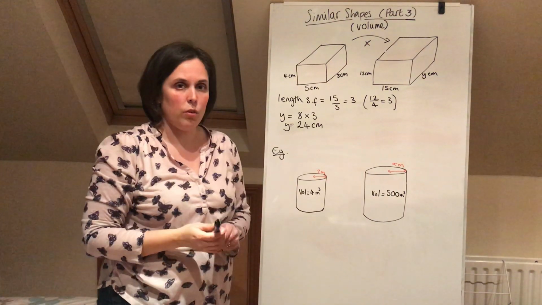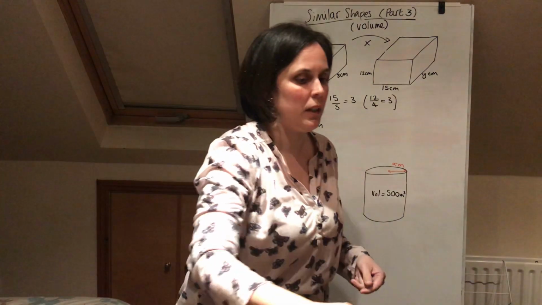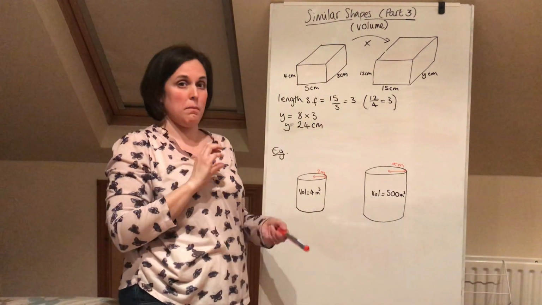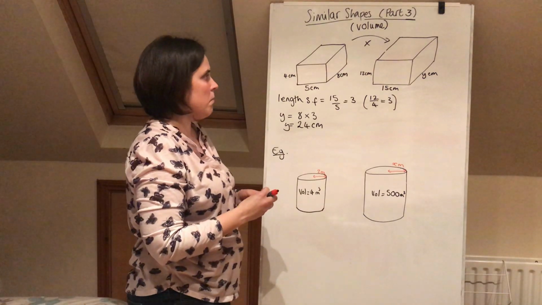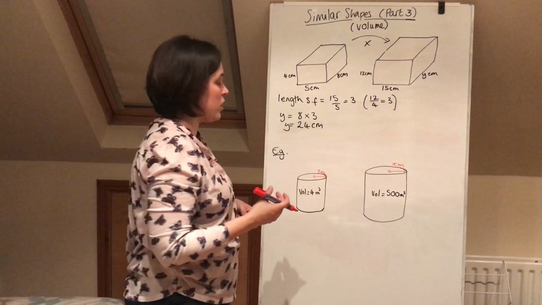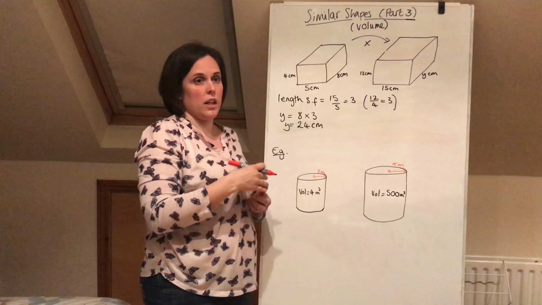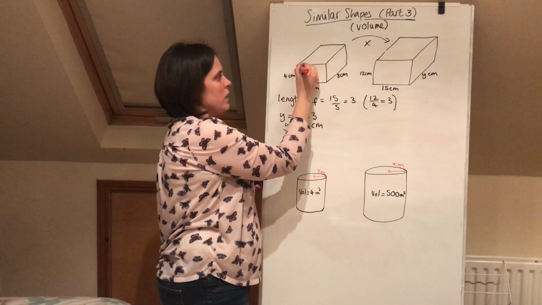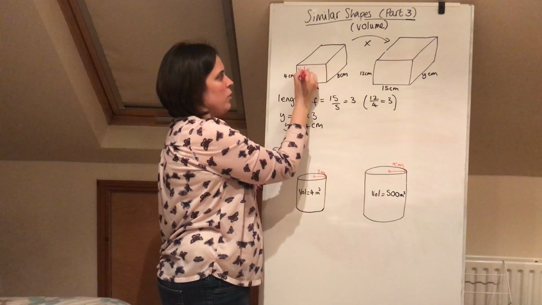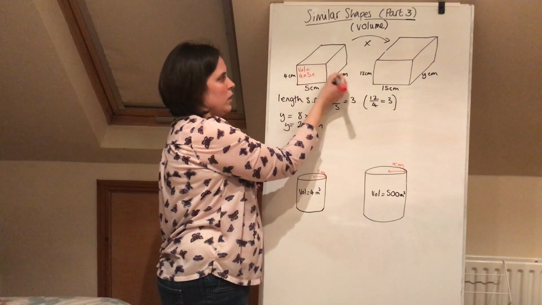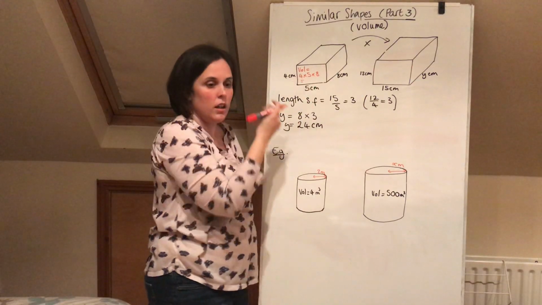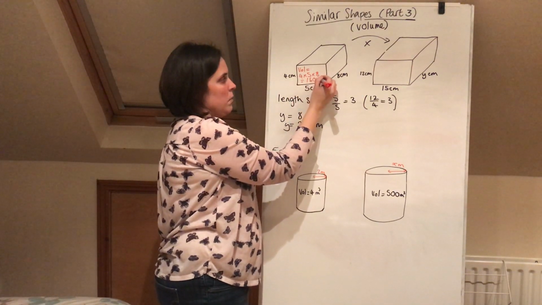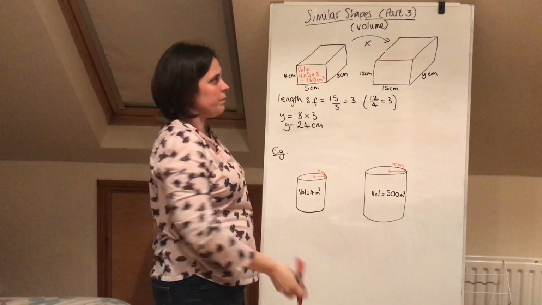Now, if we look at the volumes of the shape, and again I have picked something nice and simple so we can focus on the similarity rather than finding the volume of a complicated shape. With a cuboid, it's just length times width times height. So here the volume of this one would just be 4 times 5 times 8. The volume of that shape is 160 cubic centimetres.